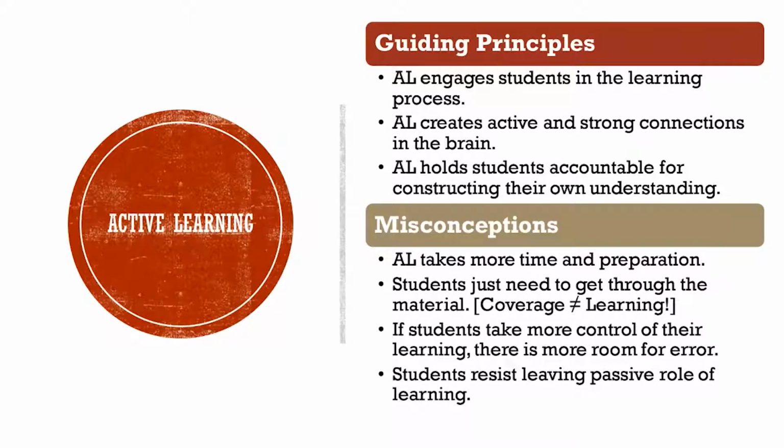Okay, anything you want to add, Ivan, before I go on to the active learning? Yes, as Kelly was mentioning, under guiding principles, when we have students engaging in the learning process, they're able to interpret. They can collaborate amongst each other and provide possible solutions to different types of problems and situations. They engage in articulation, so we're getting them to discuss their knowledge and the reasoning behind their thinking and the decisions that they make.